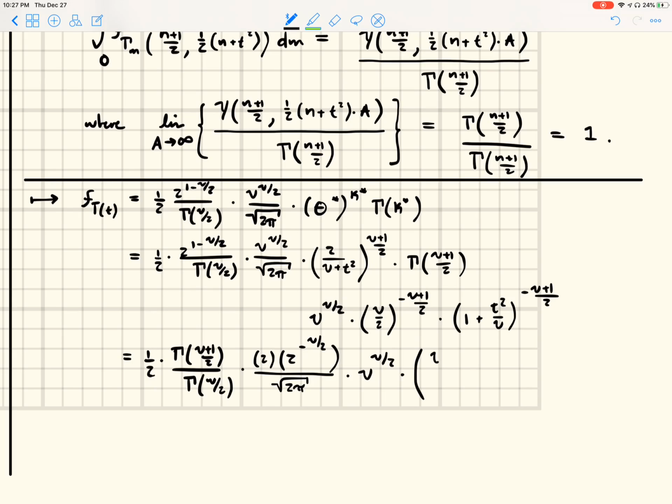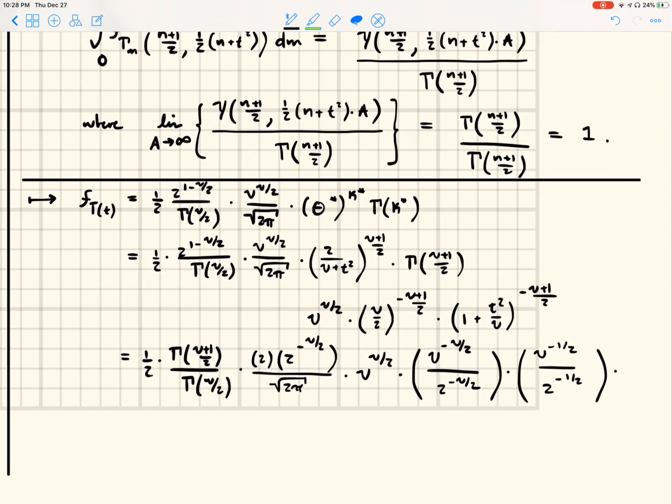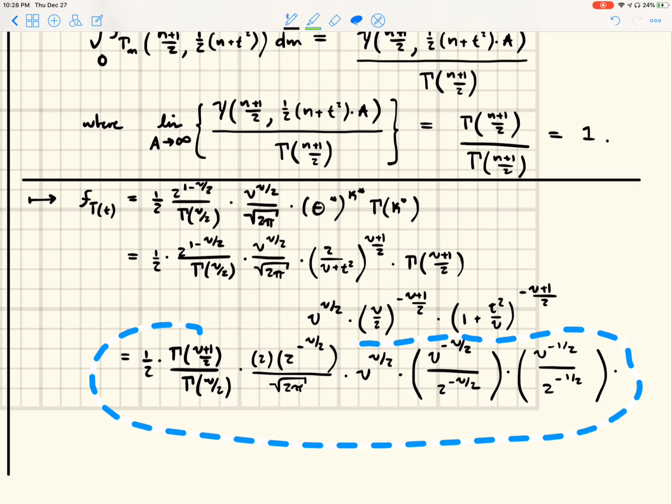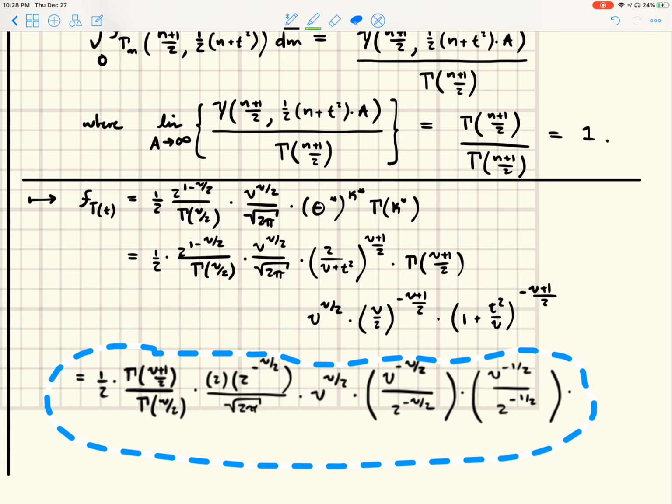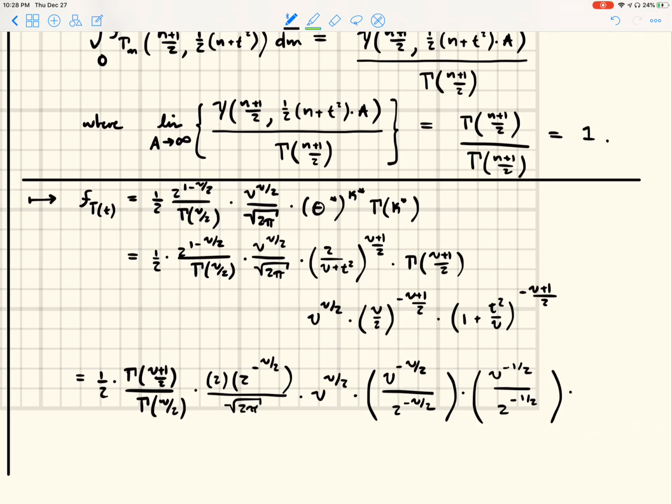We also have v 2. I'm simply writing this out in full, and then I'm going to cancel terms later to arrive at a fairly nice definition for student's t distribution, which you'll be able to check in the relevant literature if you want.